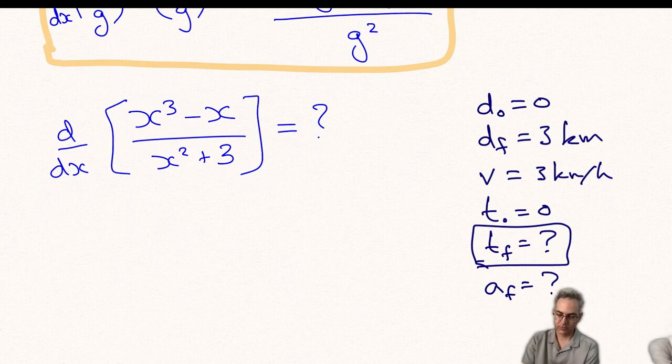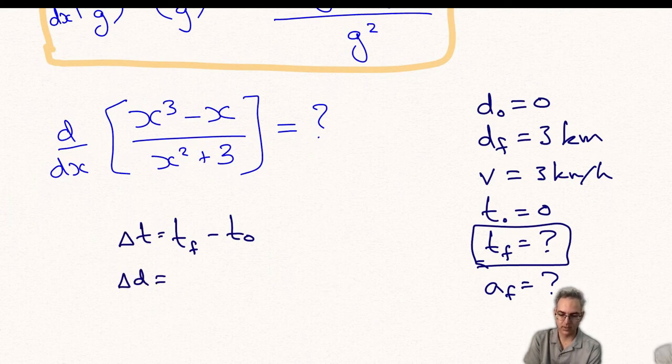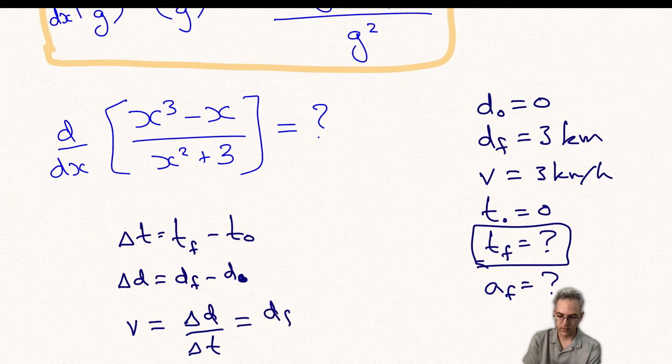And only after I've written this, then I start writing down, okay, well, I know that TF minus T0, that's like delta T. And delta D is final distance minus original distance, starting distance. And I know that speed is distance over time, which then I could write like this, T final minus T0.